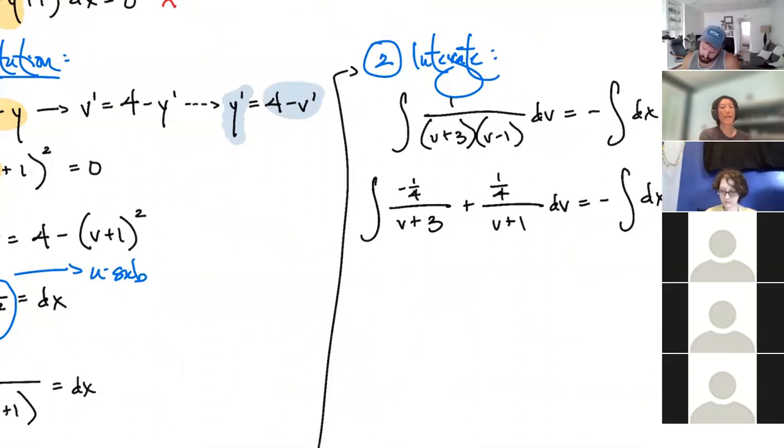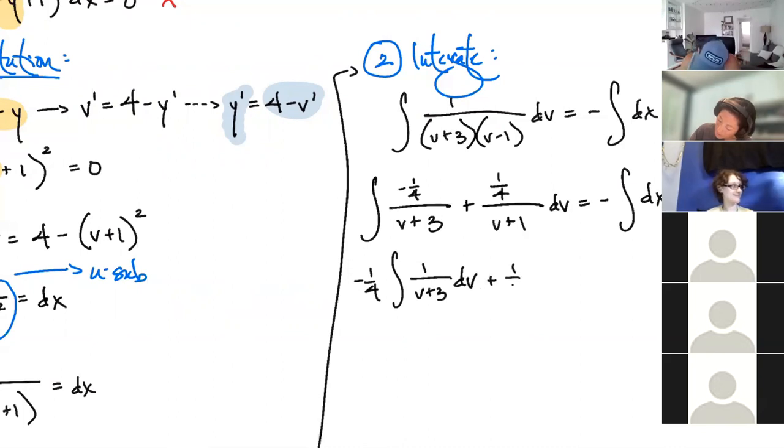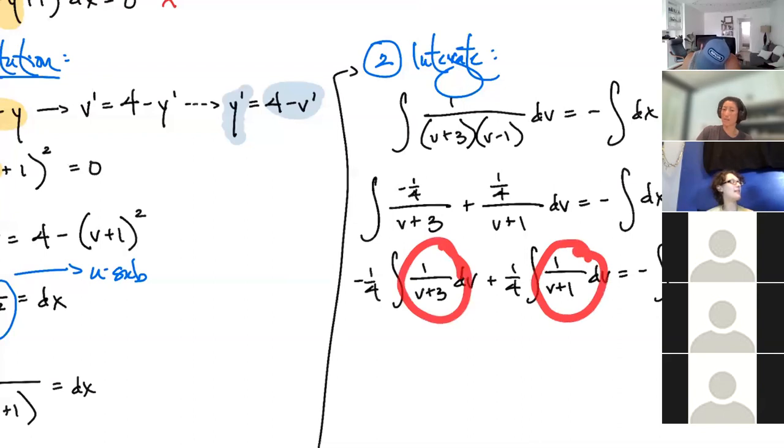And as gross as this looks, that negative 1/4 and the positive 1/4 are just constants, right? So we can pull them to the front of our integrals, and we end up with negative 1/4 the integral of 1 over v plus 3 dv, plus 1/4 the integral of 1 over v minus 1 dv. The nice thing about this is we've turned this fraction with two terms in the denominator into ones that only have a single term in the denominator.